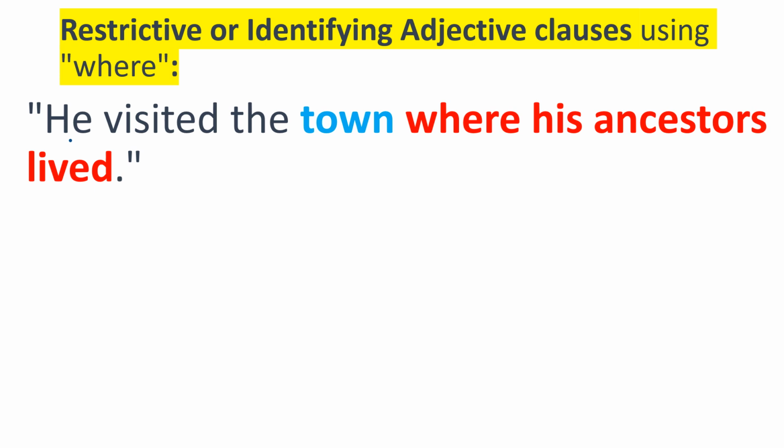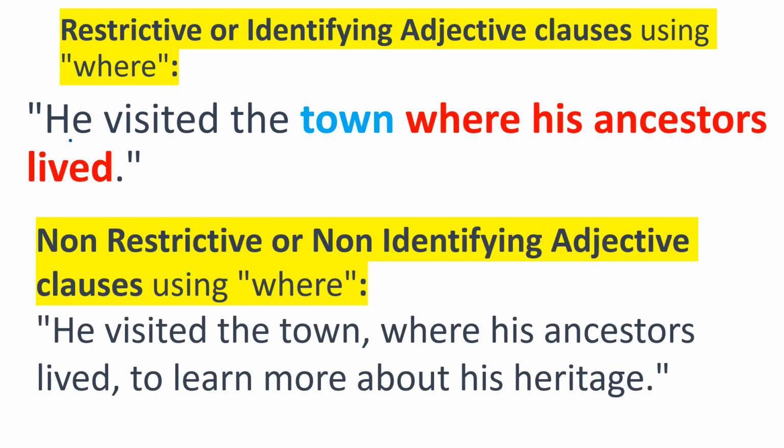Where his ancestors lived is the adjective clause and it's describing town, which is the noun. He visited the town, where his ancestors lived, to learn more about his heritage. It's a non-restrictive or non-identifying adjective clause.